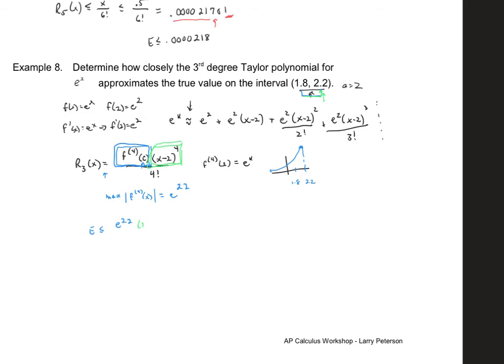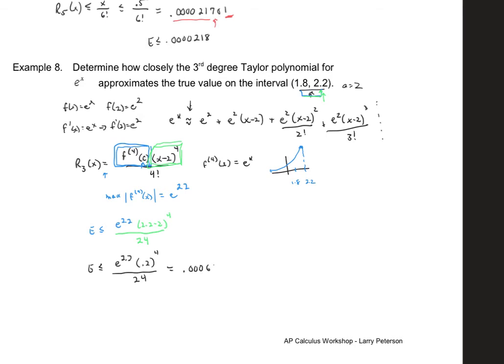So we're going to get 2.2 minus 2 to the fourth power, and 4 factorial is going to be 24. So we know that our error is going to be less than or equal to e to the 2.2 times 2.2 minus 2, which is 0.2, to the fourth over 24. So when we go to our calculator, this is going to be like 6.01667 blah, blah, blah, times 10 to the negative 4. So that's going to have 3 decimal places.